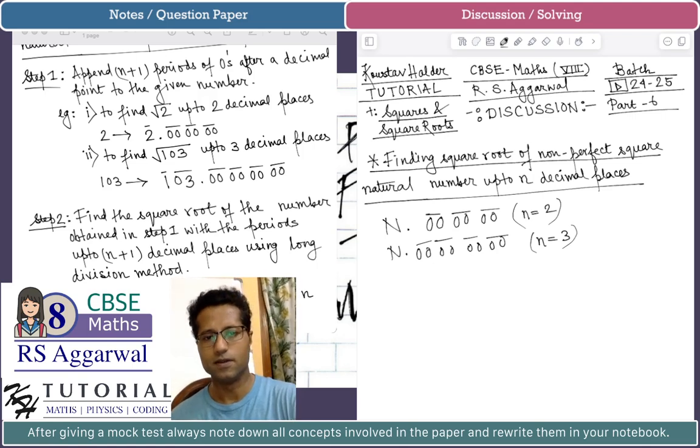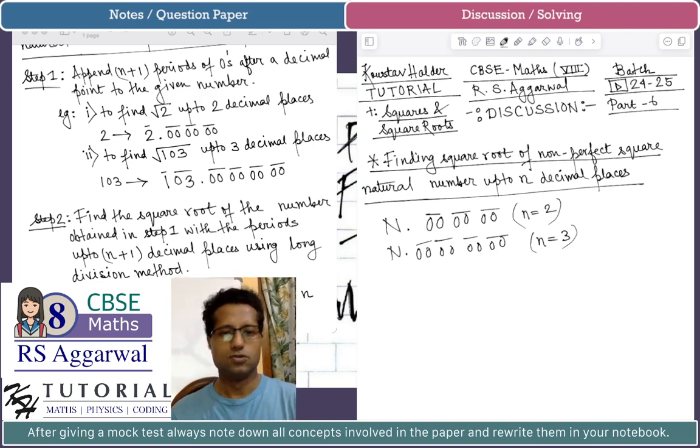Similarly, for the given number 103, for n equals 3, we are appending 4 periods of zeros after the decimal point. After the decimal point, we see 4 pairs of zeros, and they are marked as periods. Also in the number 103, we mark the periods. So 03 will be a period, and the 1 will be a period.